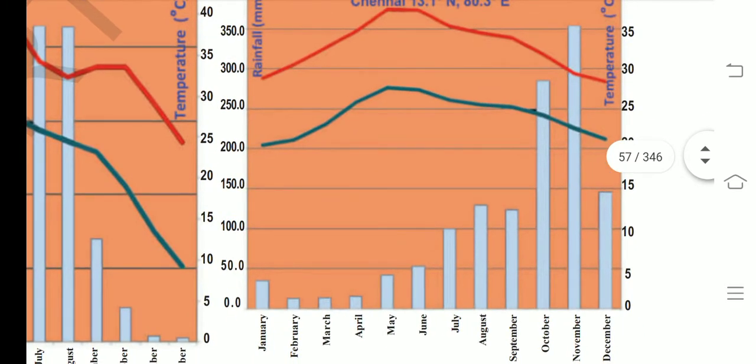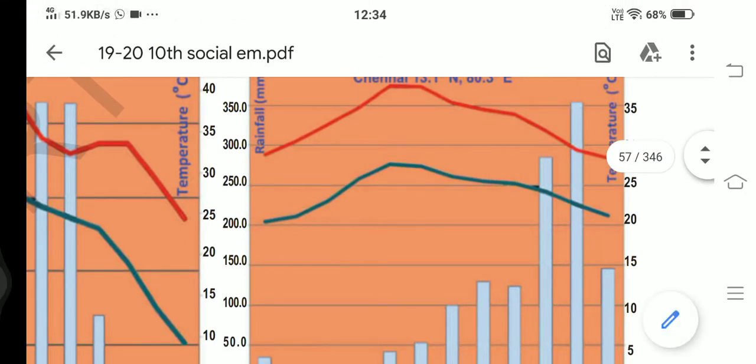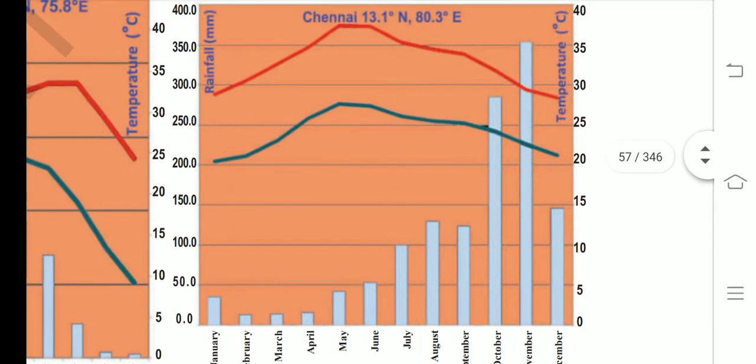Understand? What do you see here? The mean maximum temperature, how much is it? The red line here, I am marking the dots, my dear students. Look at this one. It starts at some 27 and reaches a maximum of 36. Then the minimum temperature, which is the blue line, the mean minimum temperature, is from 20 to 25.